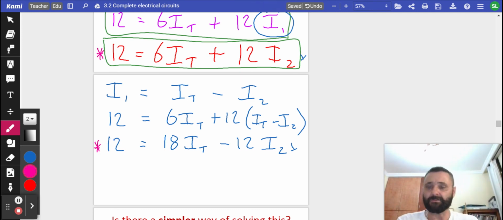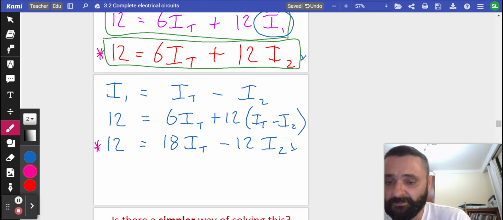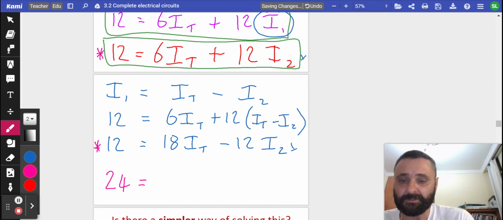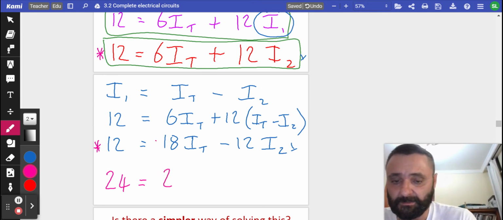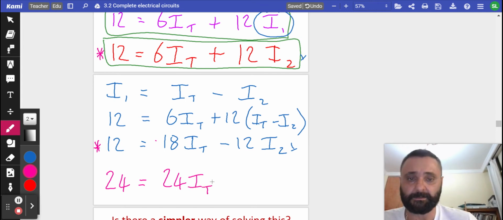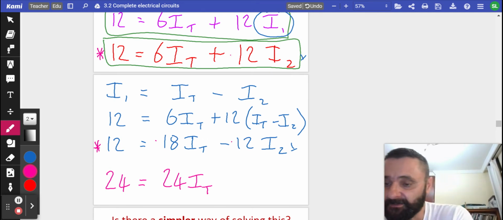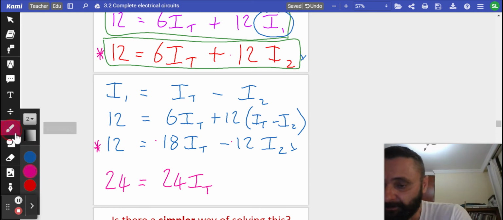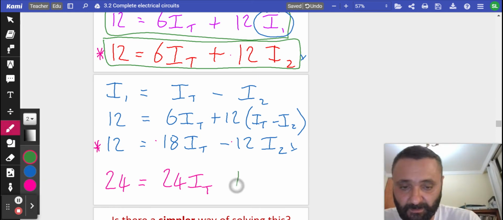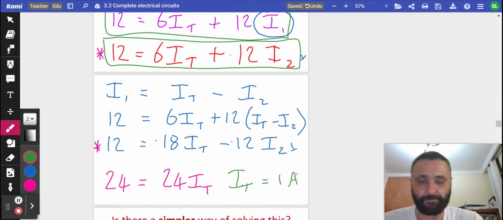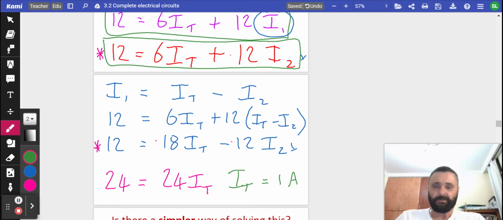If I add those 2 equations together, we get 12 plus 12 is 24. 6 IT plus 18 IT is 24 IT. 12 I2 minus 12 I2 is 0. So this leaves us with, remarkable scenes, an IT of 1 amp. Boom. Okay, yeah, took a few goes at that, but we got there.